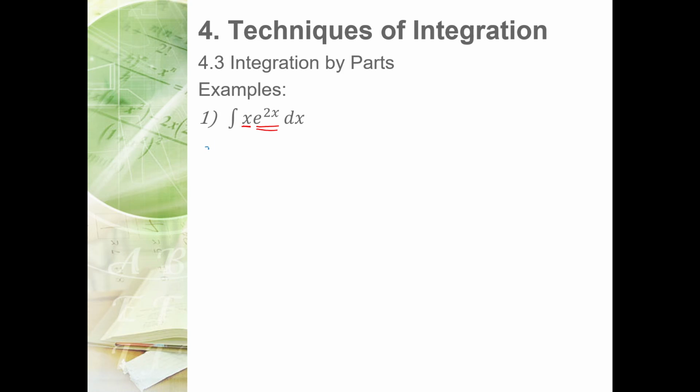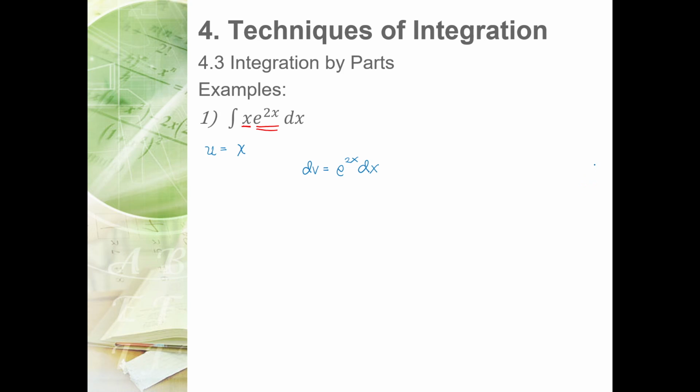Start off with your u and then write dv in this manner, because it has a purpose. Your dv always has dx, meaning the complicated factor plus the dx. So our complicated factor is e to the power of 2x dx, and the simple term goes to the x variable.